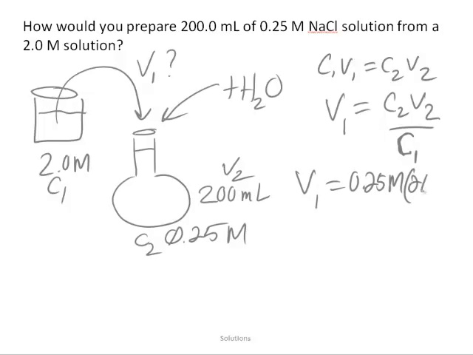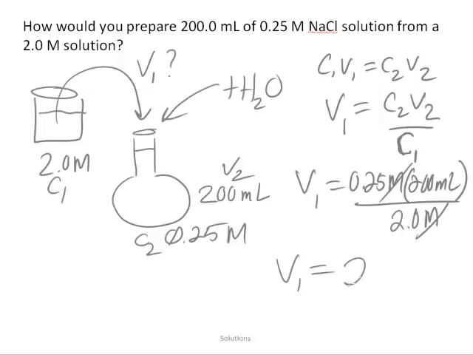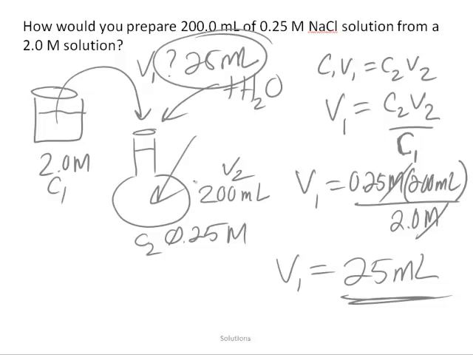V2 is 200 milliliters. And we're going to divide that by our concentration of our stock solution, 2.0 molar. Okay, molarity is going to cancel out, and our V1 will equal 25 milliliters. So we need to take 25 milliliters of our stock solution and dilute it to 200 milliliters.